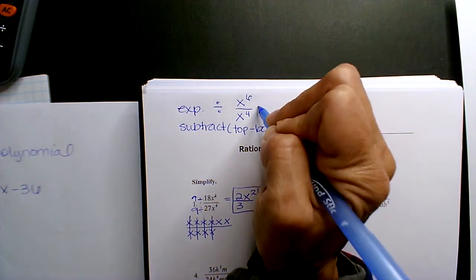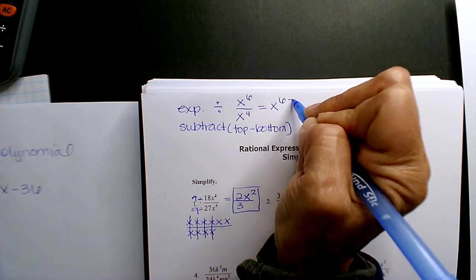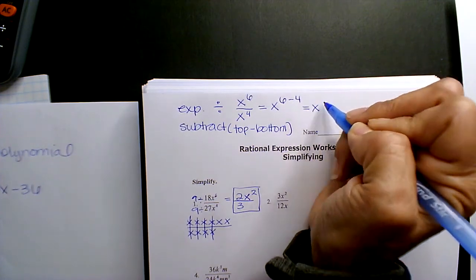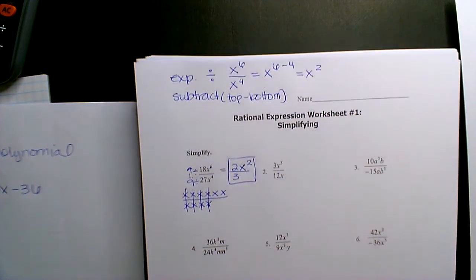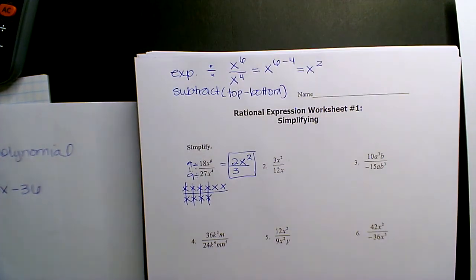So this is the equivalent of x to the 6th minus 4, which is x squared. Do you guys remember that rule? You were online, definitely. And so that's why 6 minus 4 gives me the 2.